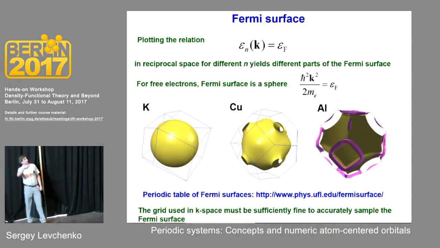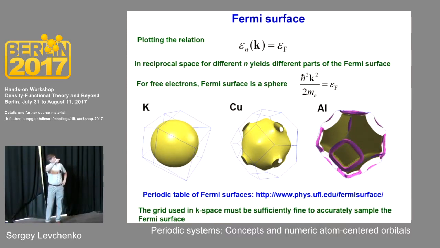By the way, this band index forms different parts of this surface. Now, if we look at the Fermi surface of potassium, for example, it looks very close to the free electron case. So it's a very nice, close to spherical shape.